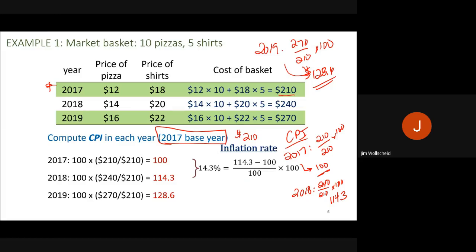Next thing you want to do is find the inflation rate. And how do we do that? We simply take the new minus the old, divided by the old, times 100. So for 2018, it's 14.3. For 2019, you should get 12.5.